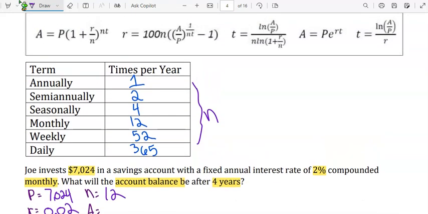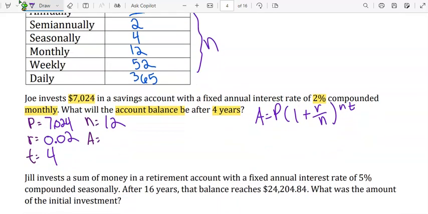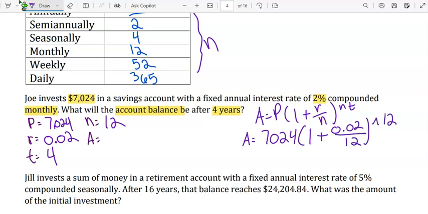We're going to use this first equation right here. So we'll go ahead and write that down on our problem. A equals P parentheses 1 plus R over N to the NT power. And then we'll plug in the numbers. A equals 7,024 times 1 plus 0.02 over 12 to the 12 times 4 power. From there, you could put it into the calculator to approximate it with 2 decimal places.